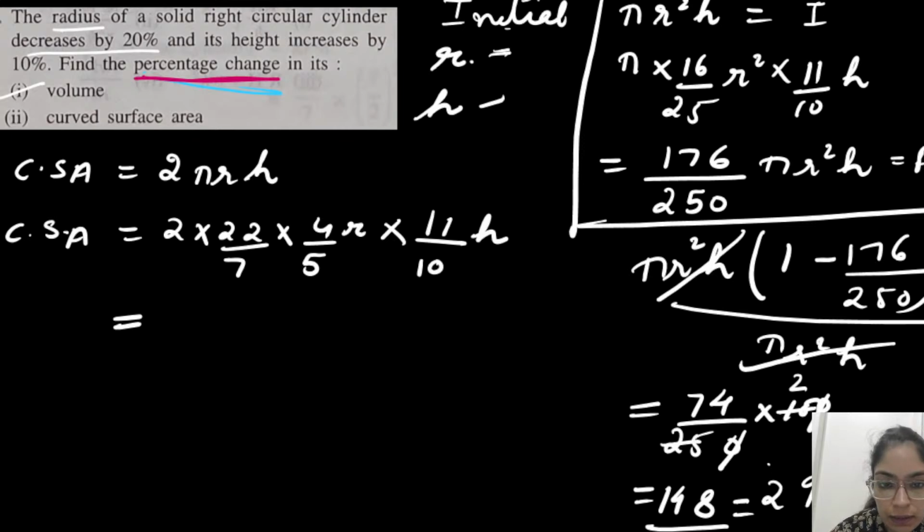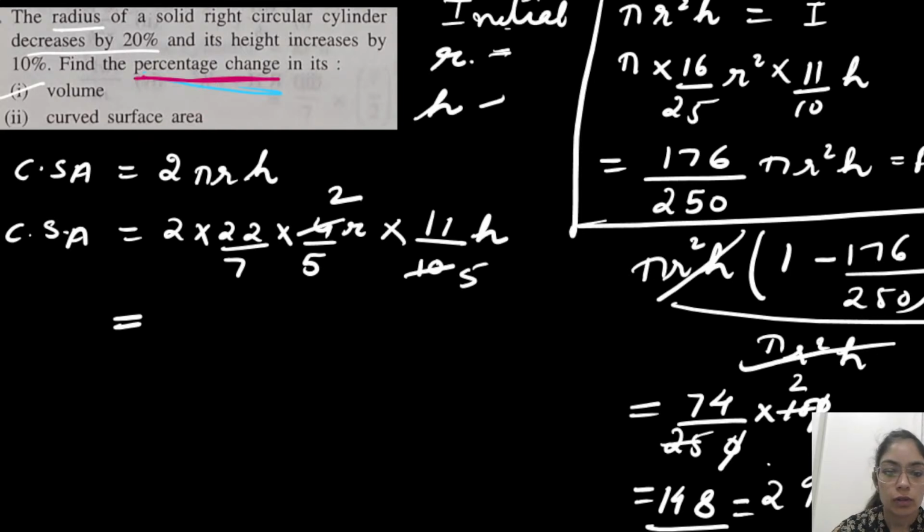So this we can simplify. Anywhere we cannot cancel. This we can do 2 into 2 and 2 into 5. So if you multiply, what will you get? 2 into 22 by 7.